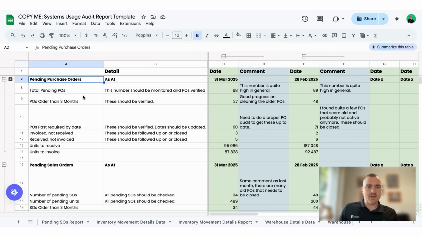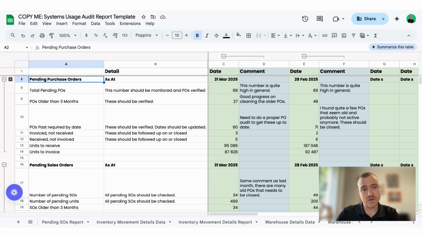So starting with purchase orders, the reason why we look at the pending purchase orders is that we want to know if there is the proper movement on the purchasing function, right? So if you've got a high number of pending purchase orders, it could be that you open purchase orders but don't actually receive the stock, although you might have actually received the stock in reality.